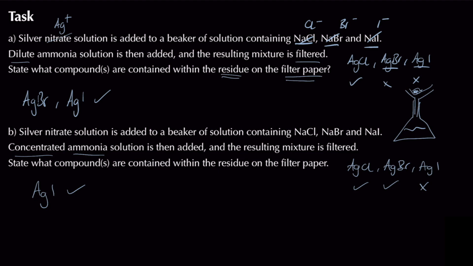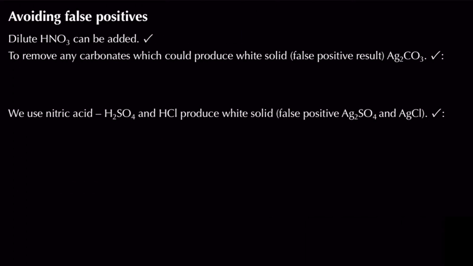So moving on then, why do we use nitric acid before we do the silver nitrate test? Well, it's to avoid false positive results. It's to remove any carbonates that might be present, and if they are present, they could produce a white precipitate, which would mislead us into thinking we've got a silver chloride precipitate present.